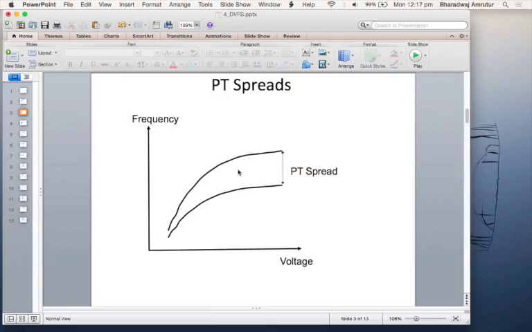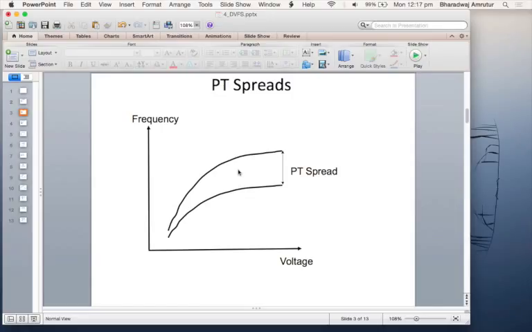So these curves are the extremes. You have to give some number to quantify that, maybe 99.5% of the chips will lie within this curve. With that very high probability, you will be within these bounds.